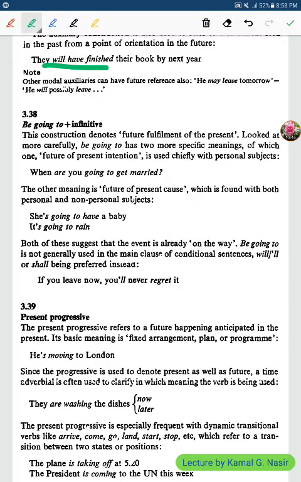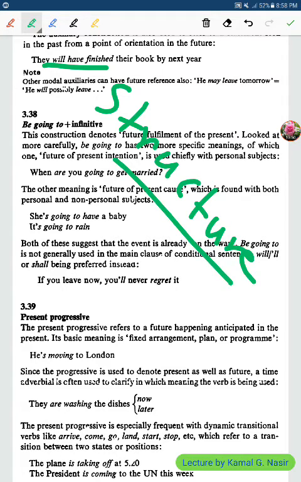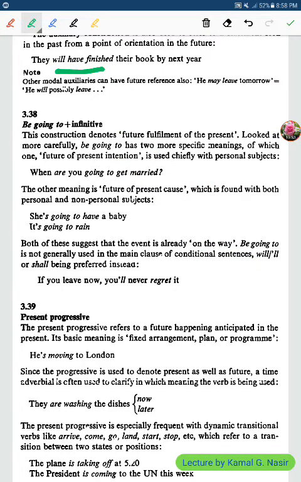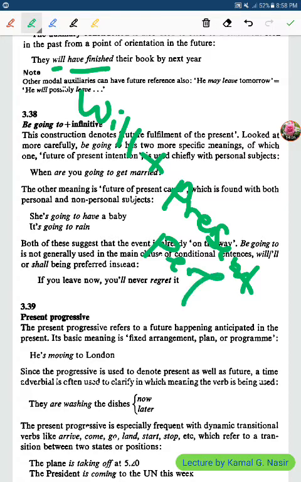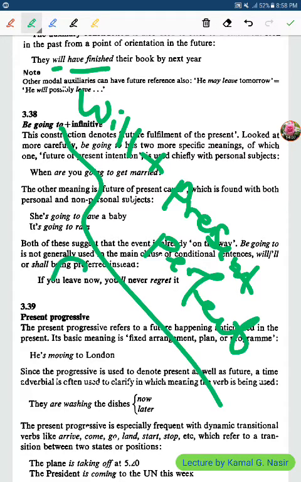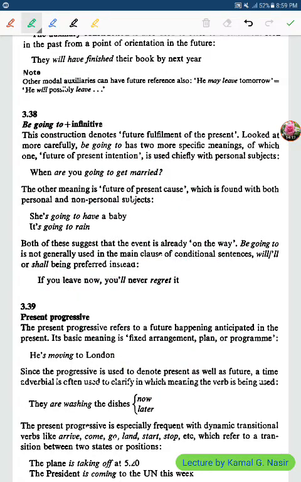This structure, will plus present perfect, shows the meaning of a future. This is one of the meanings of a future. Now we have finished with modal auxiliaries.